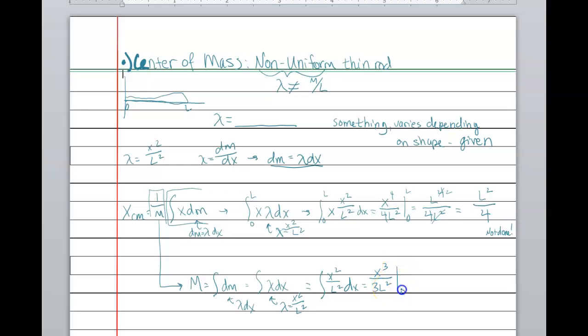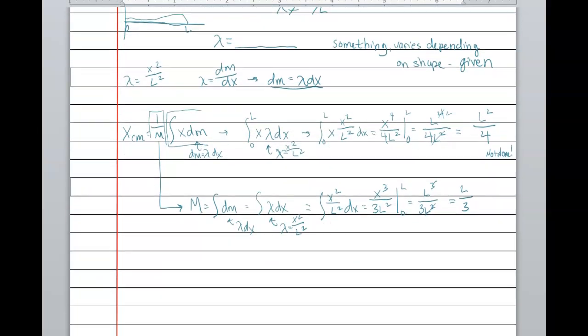Now I'm going to evaluate that from 0 to L, plug in L for x, or if you actually know the length of the rod, you'd plug in the length of it as a number there. And we'll do an example of those. So 2 of those are going to cancel, so we have L over 3.